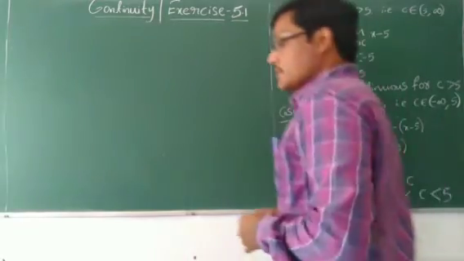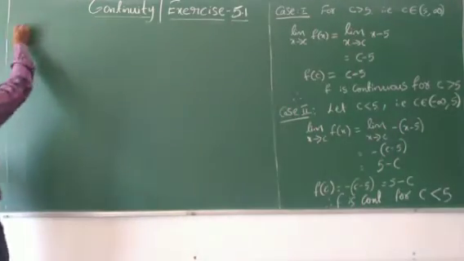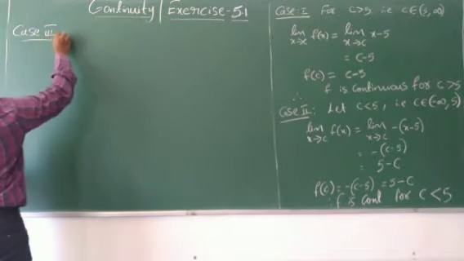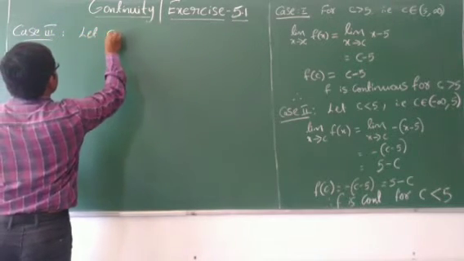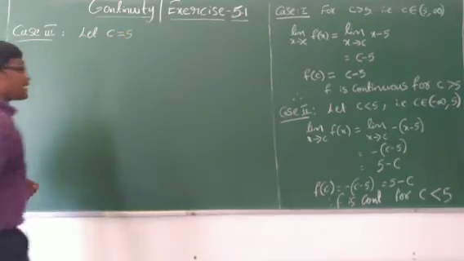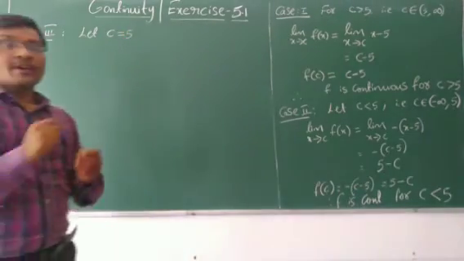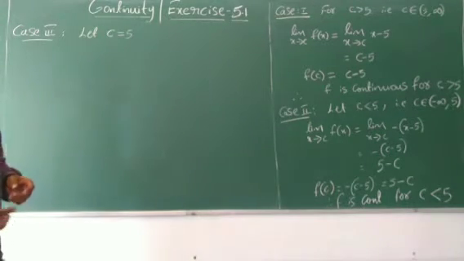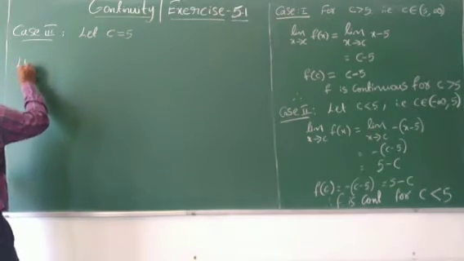Now consider the third case, that is, let c equal to 5. At exactly 5, we have x greater than 5 and x less than 5. So there we need to do the left hand and right hand limit.